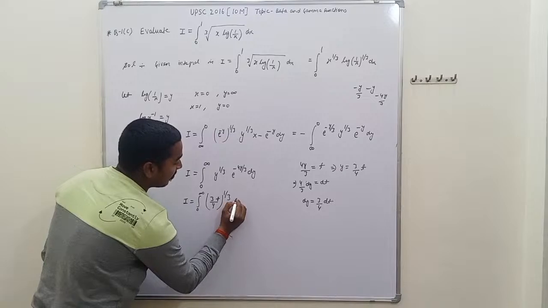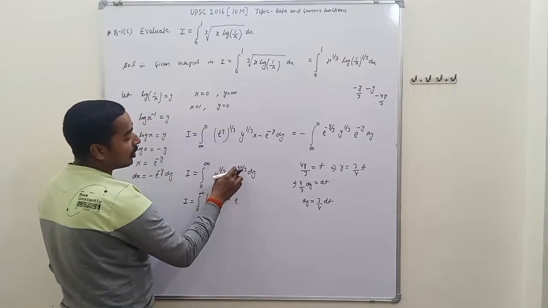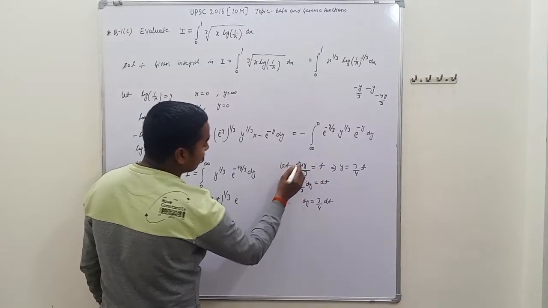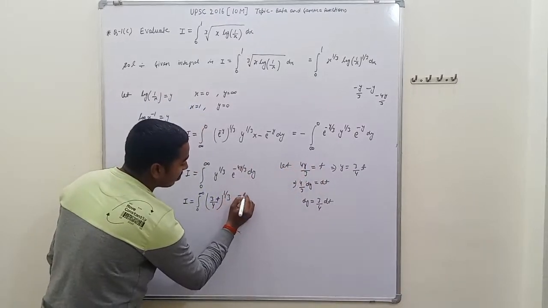and e to the power of minus 4y by 3 we have to take. Let t be this, so we have to put here minus t.